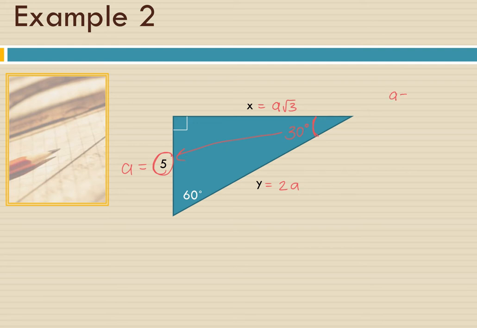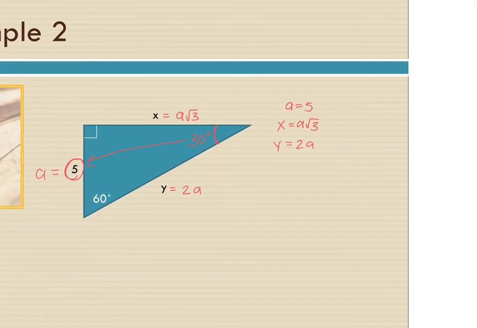We've got A equals 5, X equals A times the square root of 3, and Y equals 2 times A. So if A is 5, what's X going to be? Five root 3. And what's Y going to be? 10.